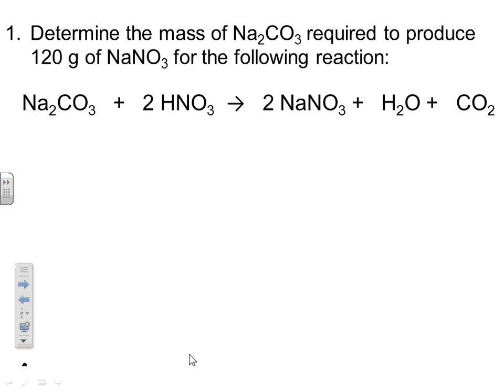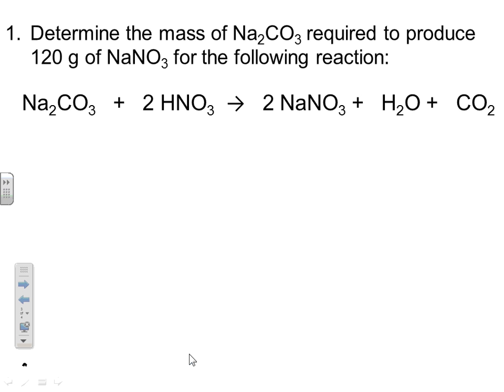What I would give you is the reactant names and the product names, and you'd have to come up with the formulas and balance it. I wouldn't make you complete a double displacement reaction. The only time I'd make you do that is maybe on a final exam after you've restudied double displacement reactions. You see what I mean? But if I'm going to make you do a stoichiometry problem with a balanced chemical equation, I would, in the word problem, tell you what the reactants were and what the products were, and then you'd have to come up with the formulas and balance it. So I wouldn't make you predict the products, okay?